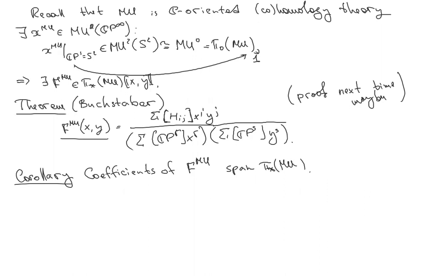And the second one is one of the most important results of cobordism theory, which is Quillen's theorem.